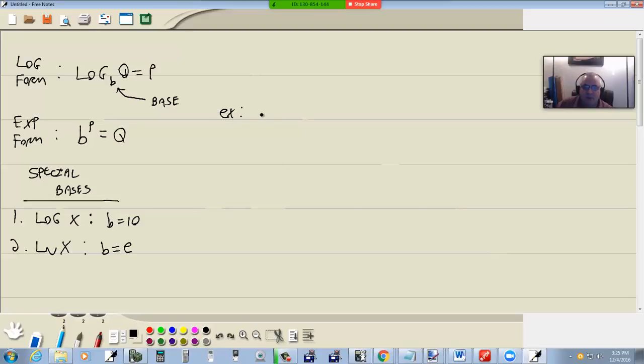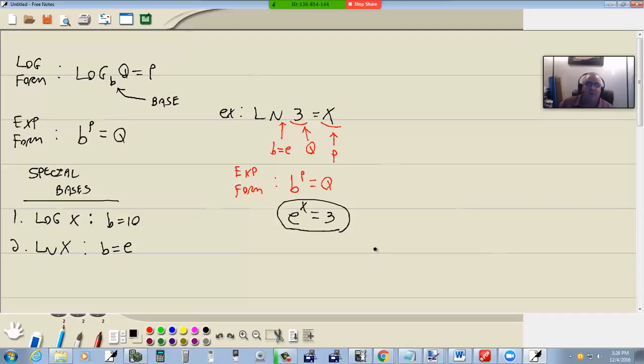So, if you had a problem that was natural log of 3 is equal to x, and your instructions were to put that in exponential form, you start to identify your b, p, and q. Now, since this says ln, our b is going to be equal to e. And then what follows that is our q, and then the other side of the equals is our p. And our exponential form is b to the p is equal to q. So we got e to the x power is equal to 3. And that would be our exponential form.